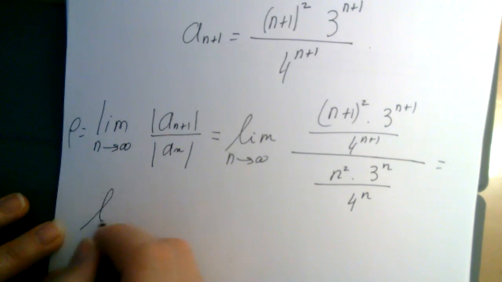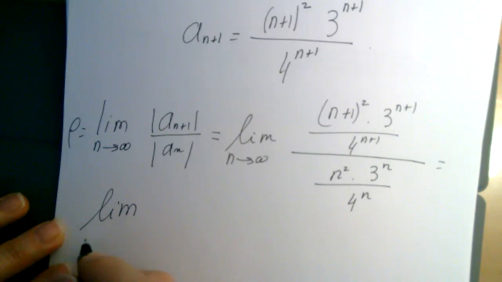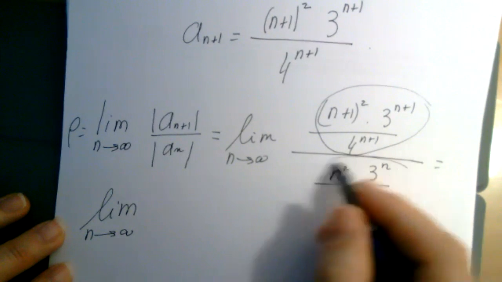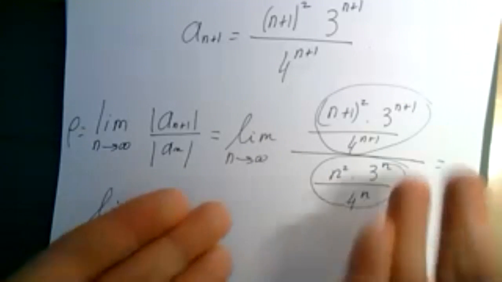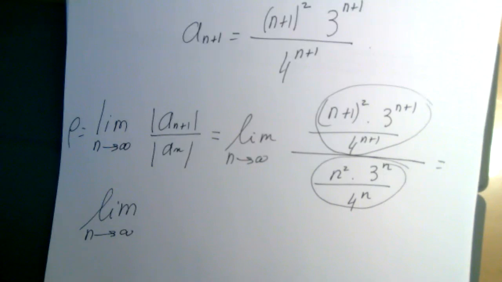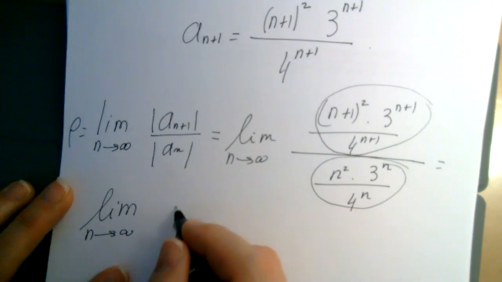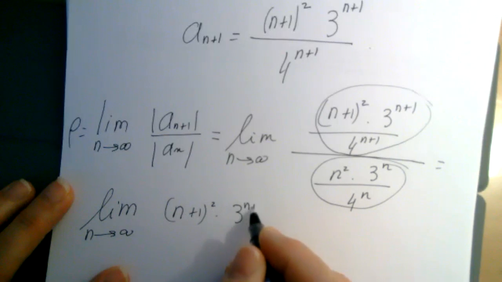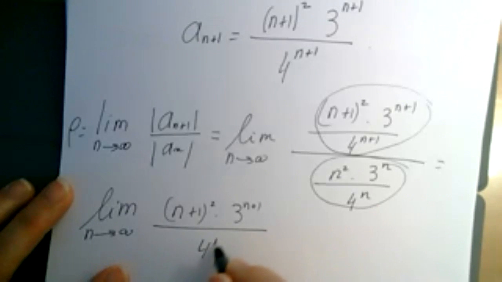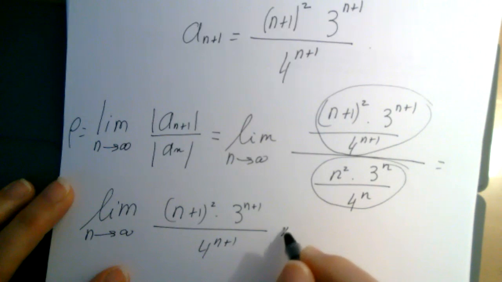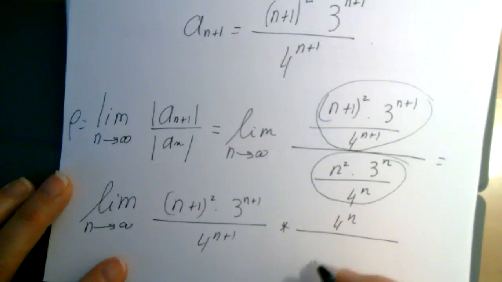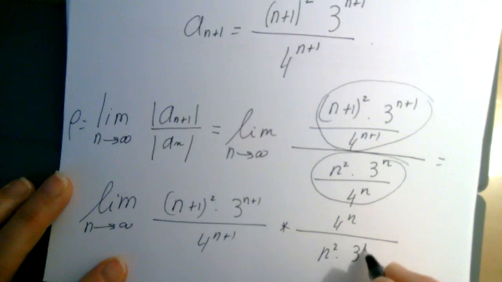So I have one fraction divided by another, and nobody would leave something like that in front of them. So we're going to use basic algebra: times 4 to the n divided by n squared 3 to the n.